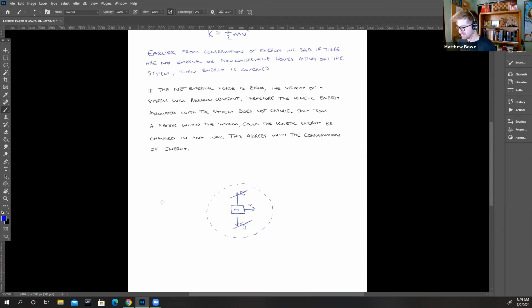So this is like me saying, if I have my system right here, this is my system I'm looking at, and I go outside of the system and push on my car, sitting out in the driveway, it's not going to affect this box sliding on this table right here.